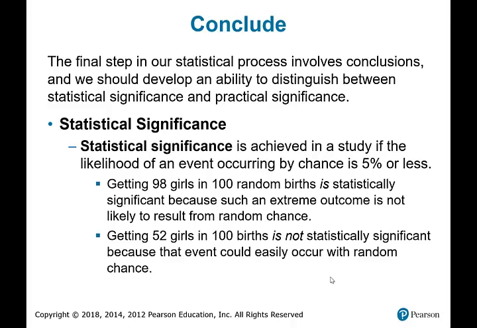Now, with the 98 in 100, right now ignore that 5% value, because what we're looking for is, does this seem out of the norm of what you would expect? If you think about having a specific child of a specific gender in a birth, generally you either have a boy or a girl, and there's a 50-50 chance of having either gender.